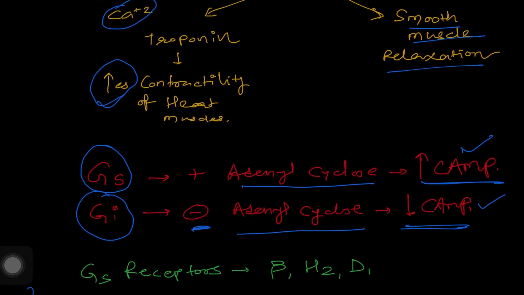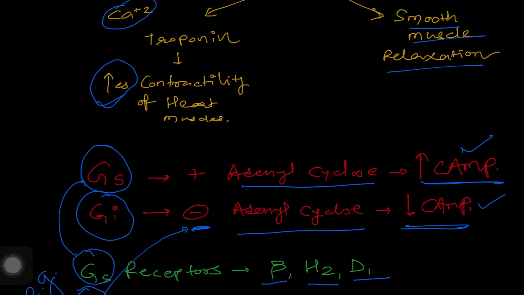Let's remember a few examples of these G protein coupled receptors, especially GS and GI type. Beta receptors, H2 receptors, and D1 receptors are all GS protein coupled receptors, where they stimulate the adenyl cyclase, while alpha 2 receptors, M2 receptors, and D2 receptors are examples of GI coupled receptors, which inhibit this adenyl cyclase.